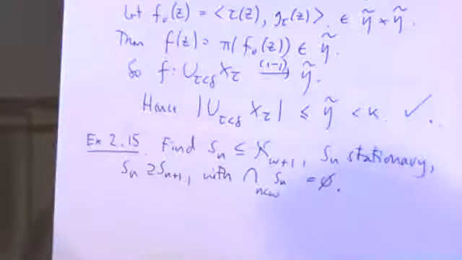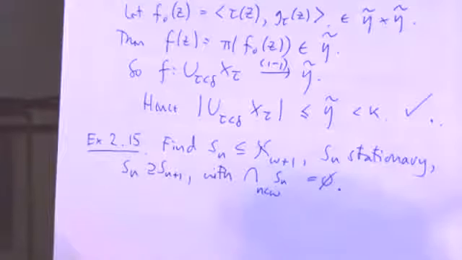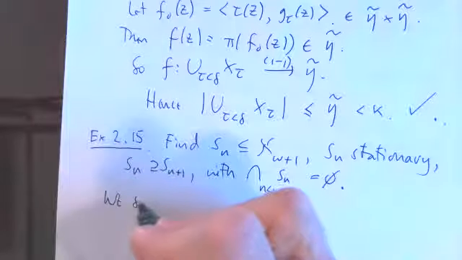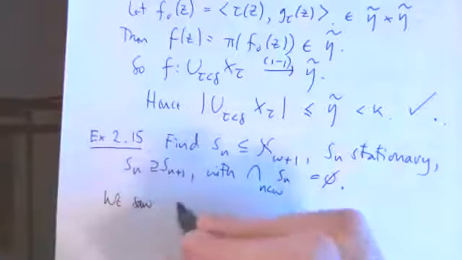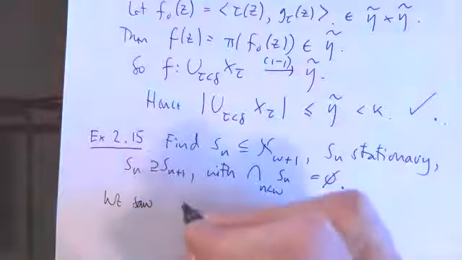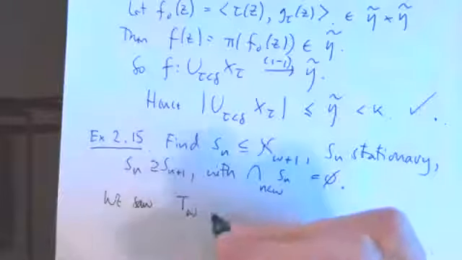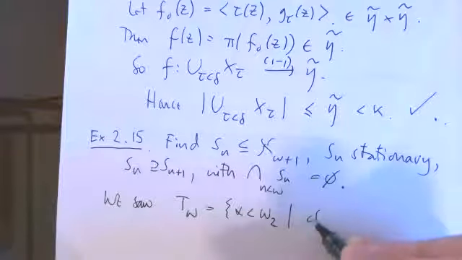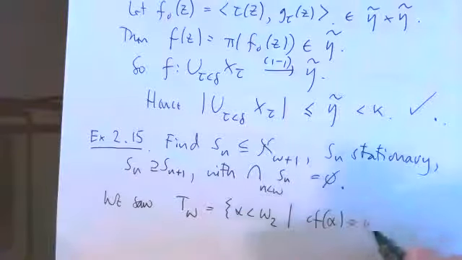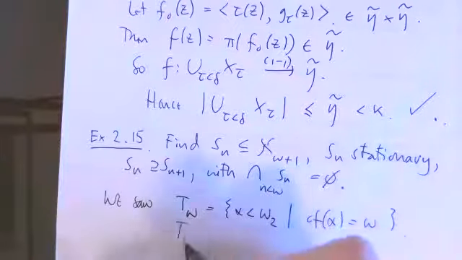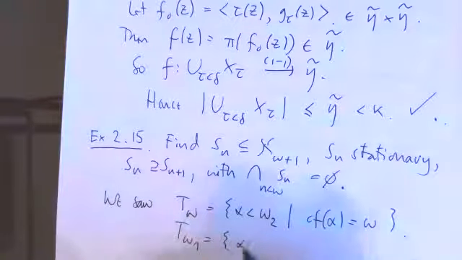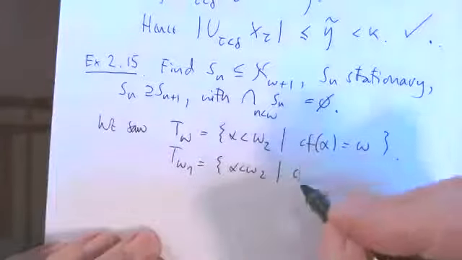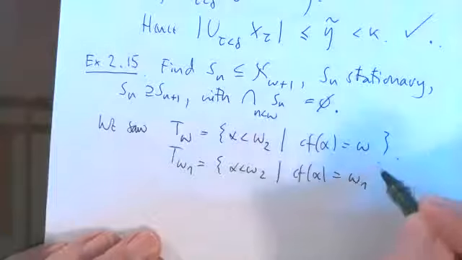So the idea is to just generalize the idea about cofinality. We saw if we looked at this collection of ordinals less than omega 2 who've got cofinality omega. And I could do it again for omega 1, which have got cofinality omega 1.